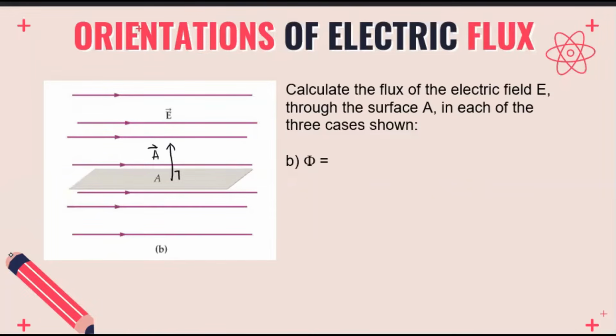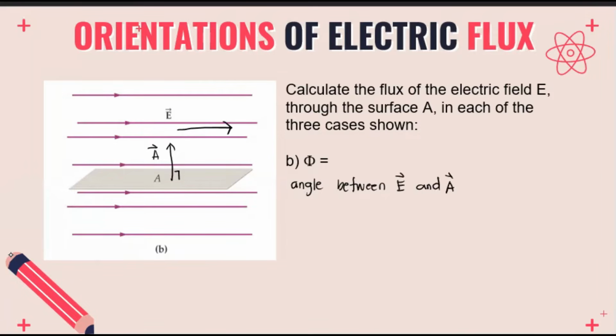Our field vector is going through this part. So, this is the direction of our electric field. So, ano yung angle na mabubuo natin? Angle theta, the angle between the electric field vector and area vector.